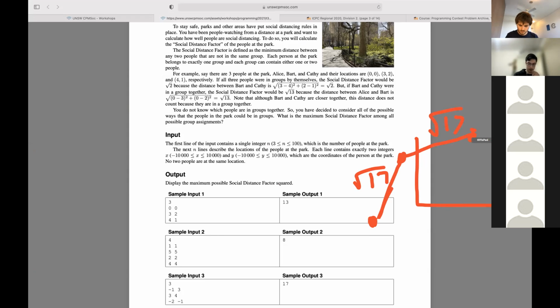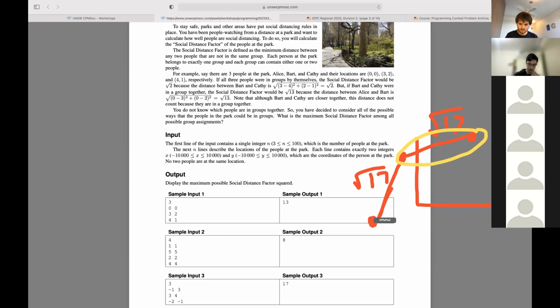And so regardless of how we do the grouping, or not regardless, but I'll just say, if we group those two people together, then the minimum distance will be root 17. If we group those two people together, then the minimum distance will be root 17.